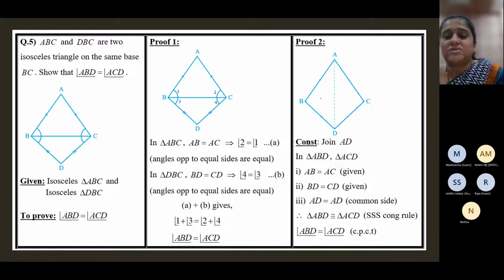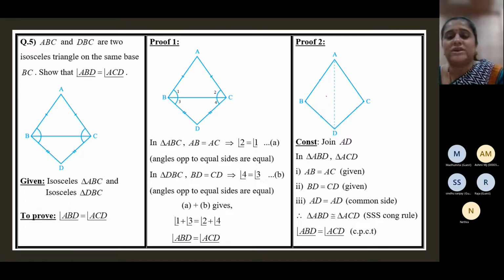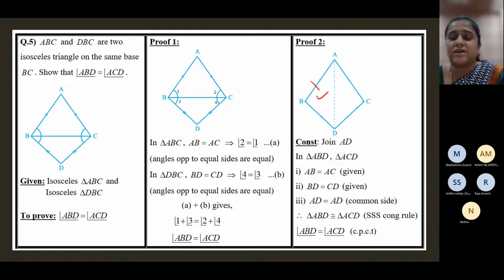Okay, what is the proof? Simply show that these two triangles are congruent to each other. Once they are congruent, their corresponding parts are equal. It's very easy to show that these two triangles are congruent. This side of the first triangle is equal to this side of the second triangle, given.